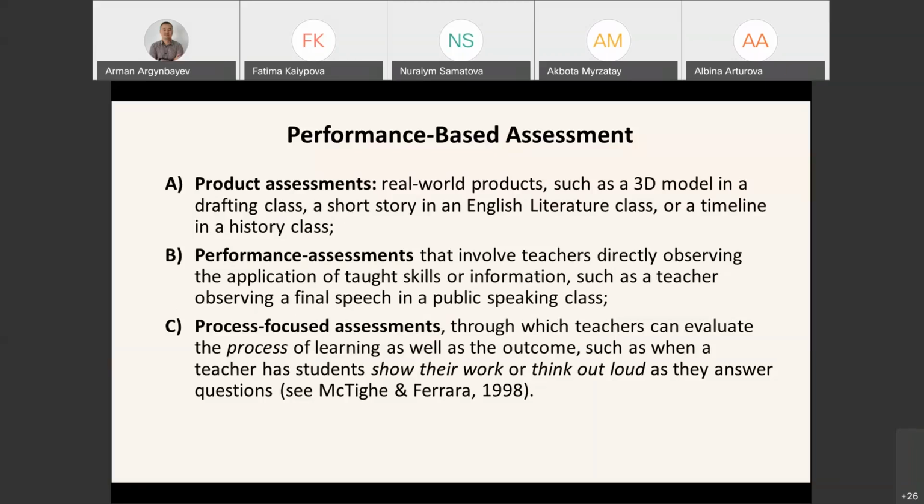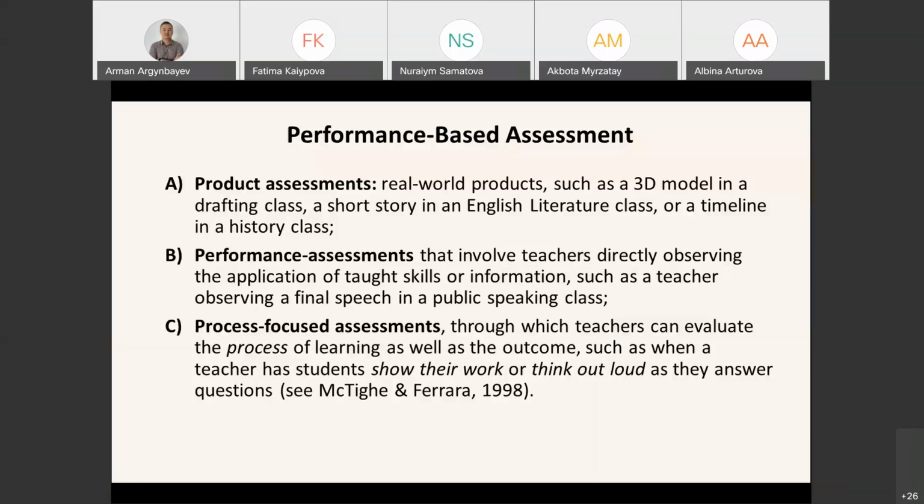In practical English, it might be an essay. It might be a report. It might be a portfolio, a collection of different works. It might be even a debate because it's a kind of product.